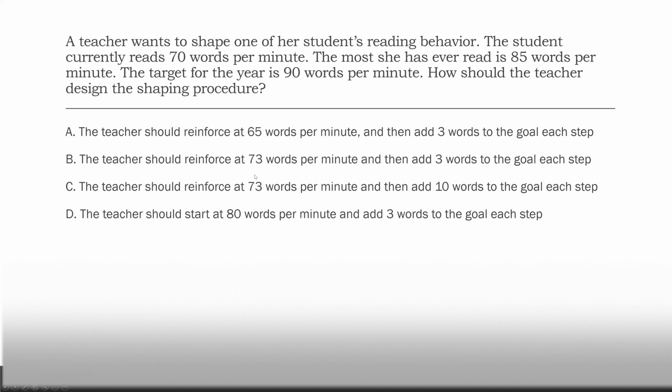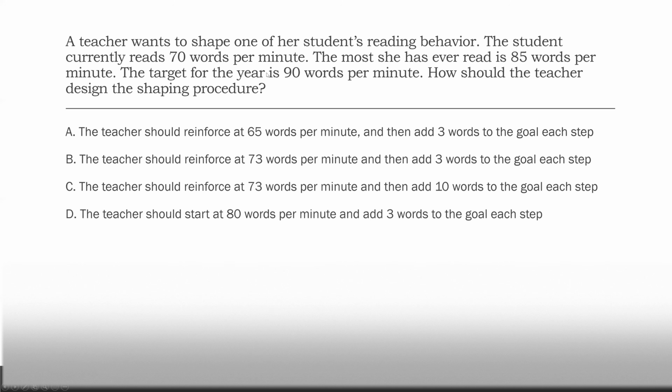So let's look at B and C. B, the teacher should reinforce at 73 words per minute and then add 3 words to the goal each step. This looks perfect, right? Our starting point is 3 words above what it is now, and then we're adding just 3 words to the goal each step. So it's a reasonable amount of increase, right?